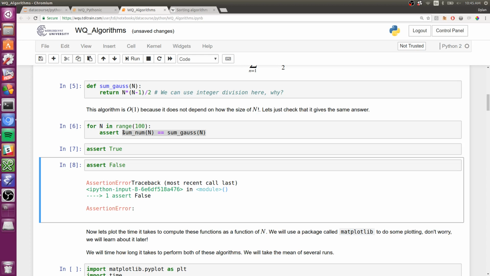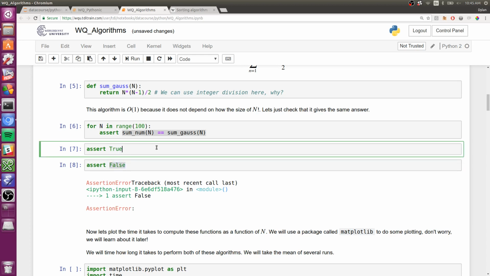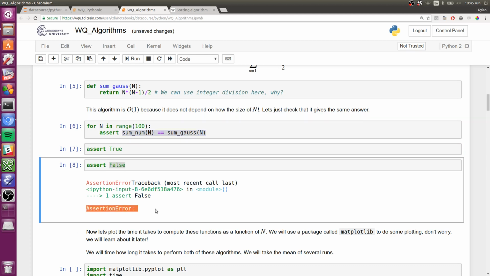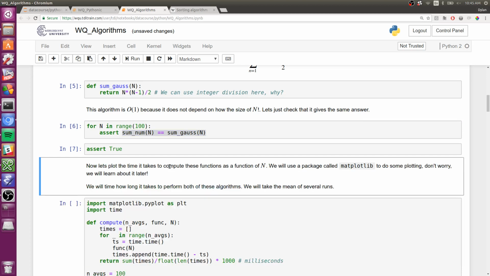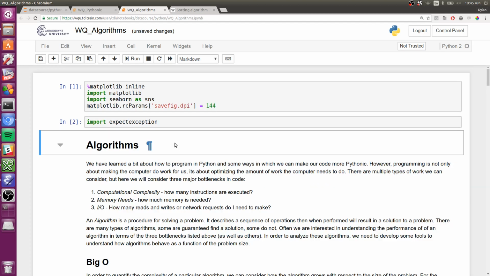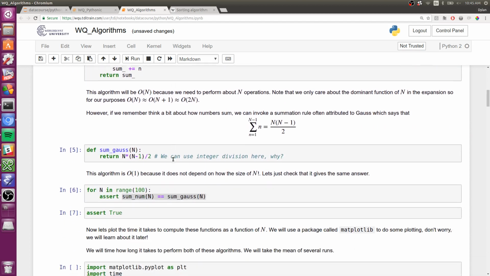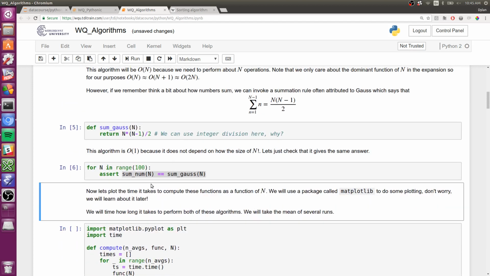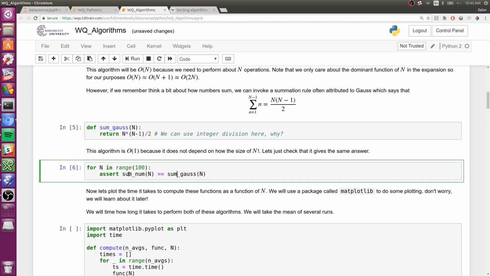So assert always is followed by some Boolean expression, and if that Boolean is ever false, then the assert will throw an assertion error. So assert is like a big attention-getting way to check if something is true.